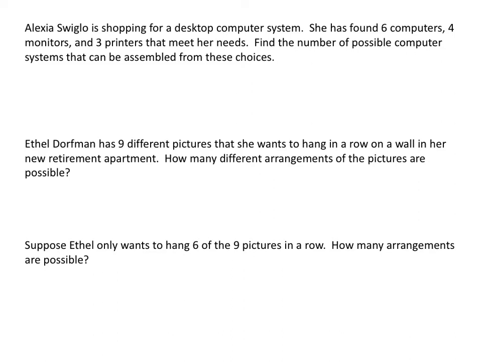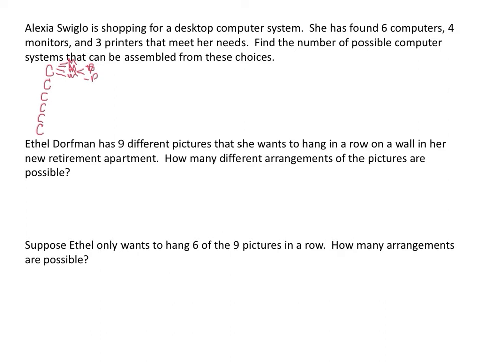So what we'll do is put this in action. We're looking for a desktop computer system. We've got 6 computers, 4 monitors, and 3 printers. Now we could make a tree diagram with all 6 computers, and then from there, 4 monitors for each one of those 6, and then 3 printers.